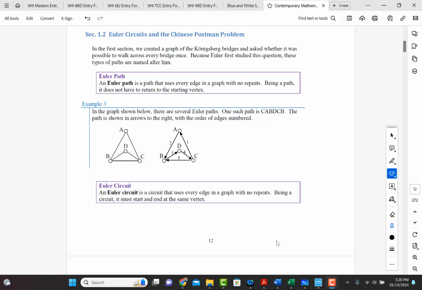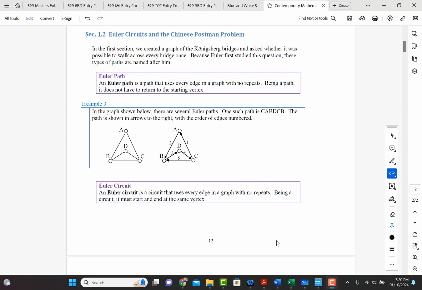So the definition of an Euler path is a path that uses every edge in a graph with no repeats, which means you're not going to trace over any of the edges more than once. Being a path, it doesn't have to return to the starting vertex.